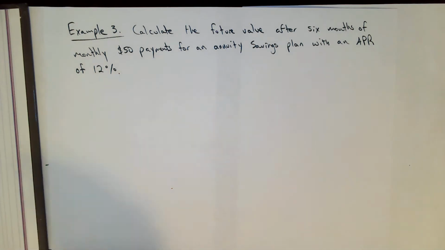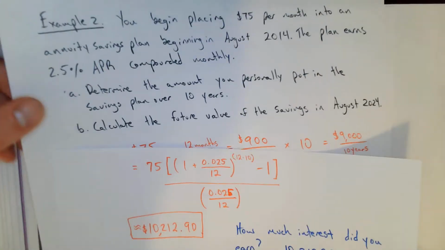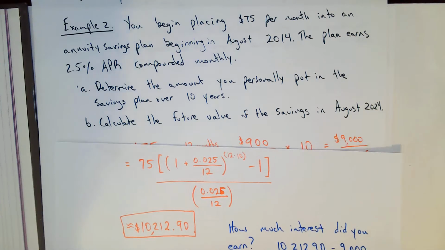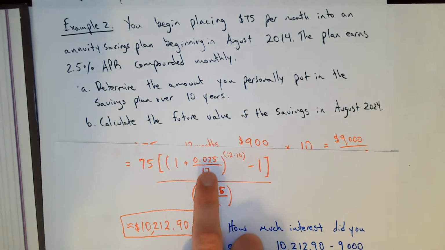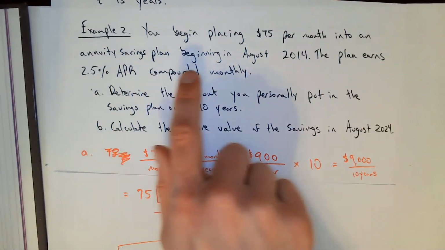Okay, and also notice, before I even talk about this problem, in example 2, we were given that our account compounded monthly, right? But that's not why we plugged in 12 into our annuity future value formula. This 12 was because we were making monthly payments.